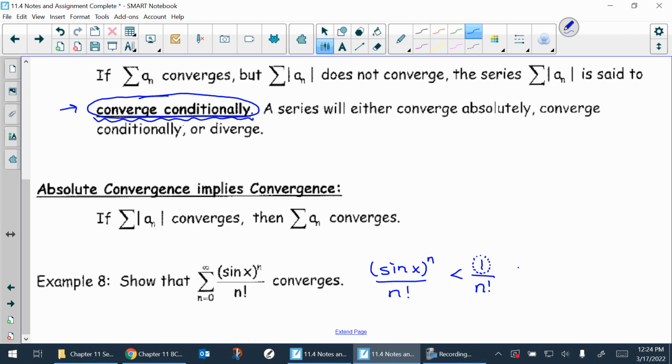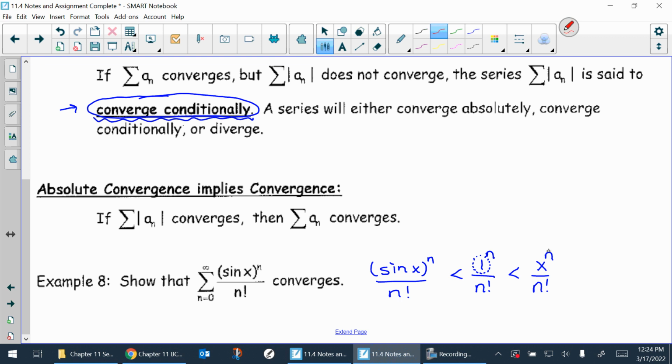And all of these terms, and I should put my exponent there, sorry about that. Doesn't really matter when it's a 1. All those terms are smaller than x to the n over n factorial. Well, what's that got to do with anything?